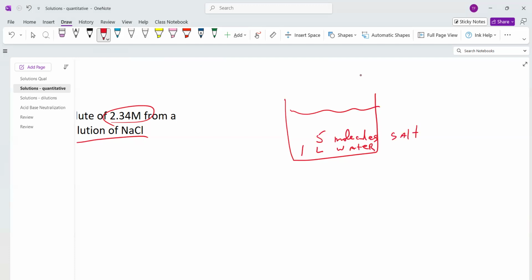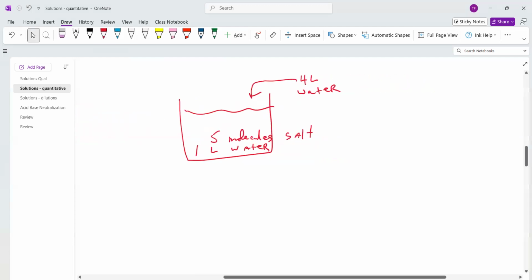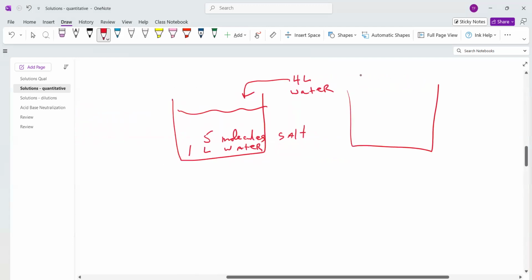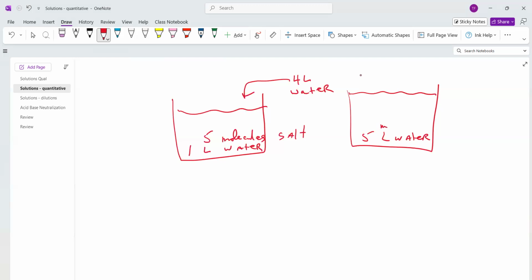Okay, so if I have 5 molecules of salt in 1 liter of water, and I put in 4 liters of water, how many molecules of salt do I have? 5.